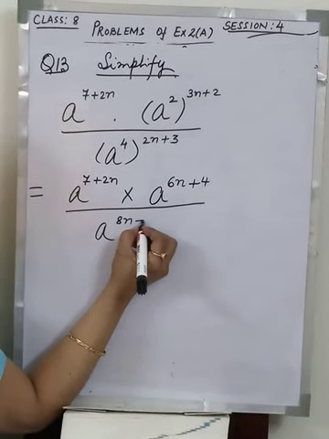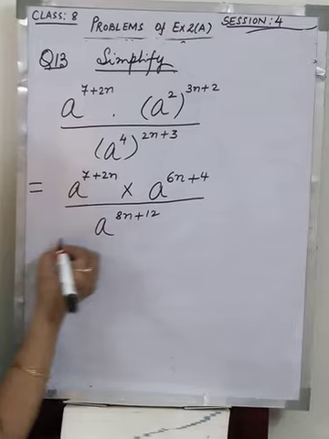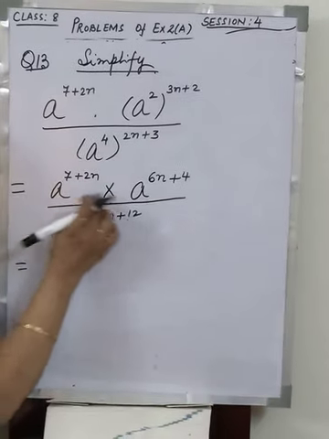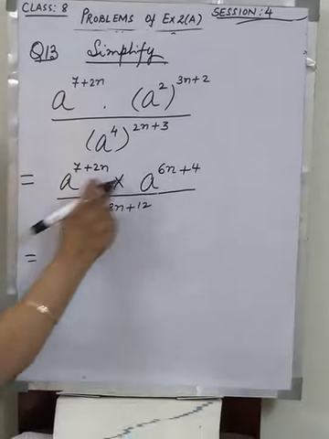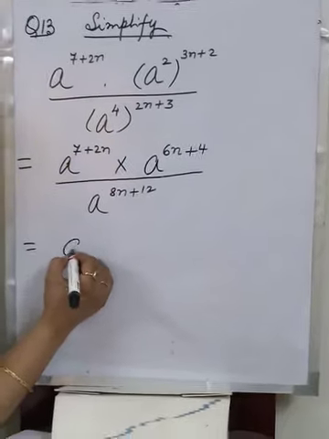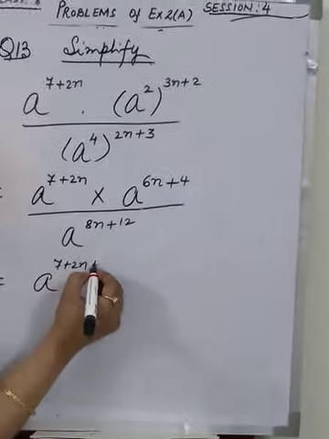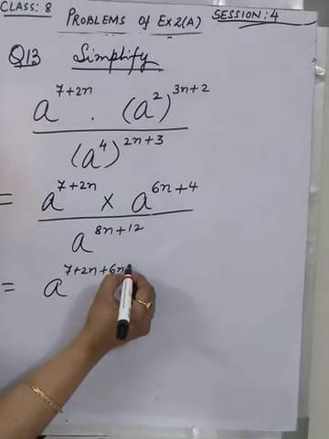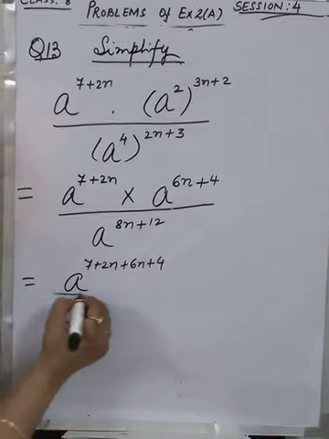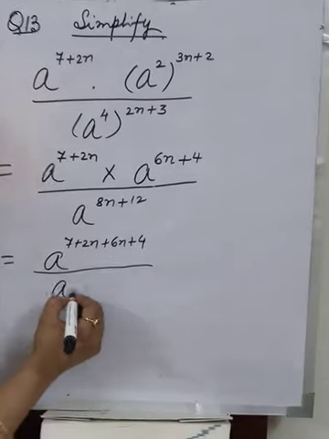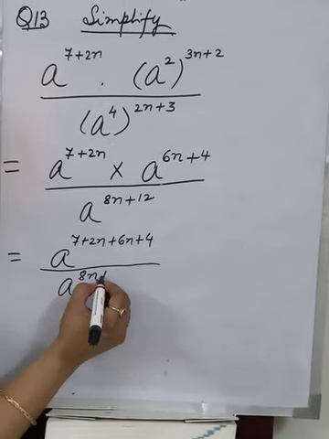So 4 2s are 8n plus 4 3s is 12. Now multiplication is there, base is same, so we add the powers. A to the power 7 plus 2n plus 6n plus 4, and in the denominator we have a to the power 8n plus 12.